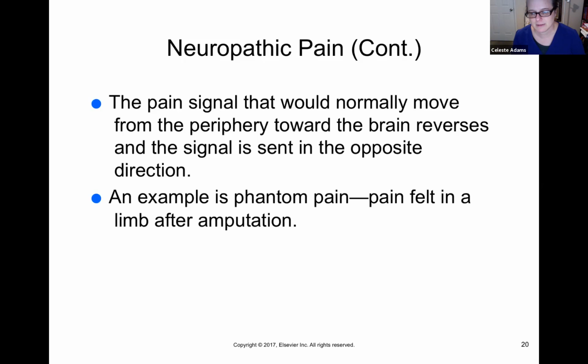Emily Smith asked, would arthritis be neuropathic? That's a good question, because arthritis is a joint inflammation process. I'm not really sure, Emily.